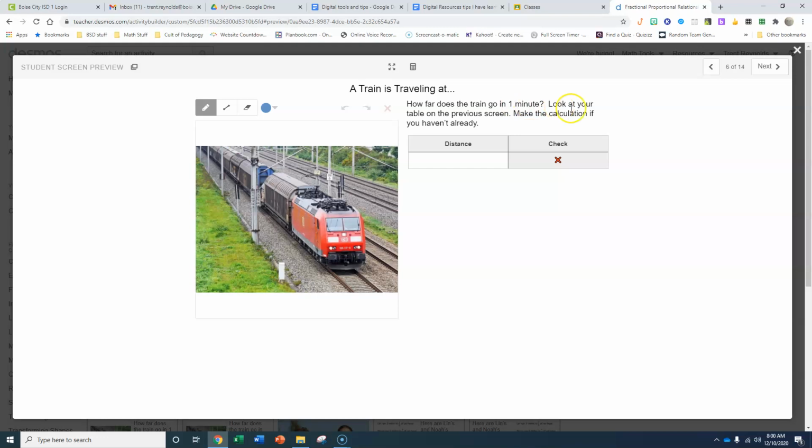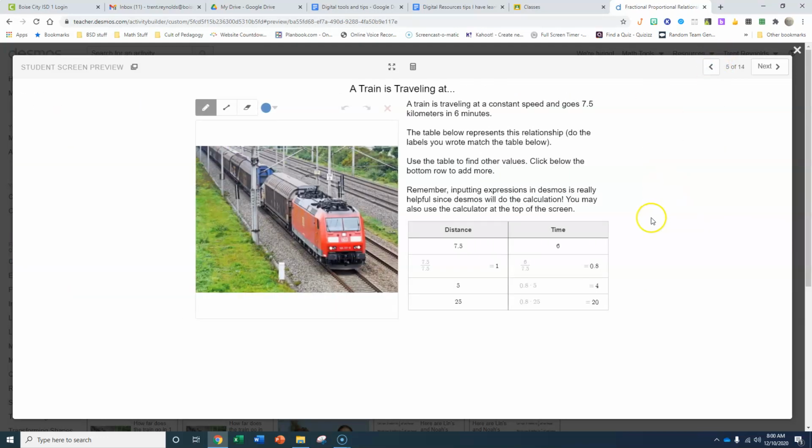How far does a train go in 1 minute? Okay, so I need 1 minute. So here we go. Distance, time. I need this to be a 1. Right? So if this is a 1, then I can use anything that I already know. Any of these relationships are the same, so I can use any of those. In this case, I'm going to use the first one.